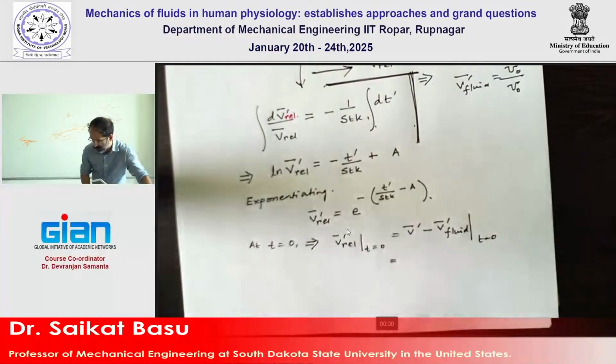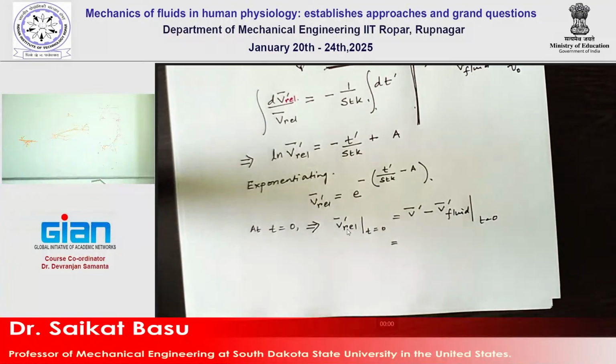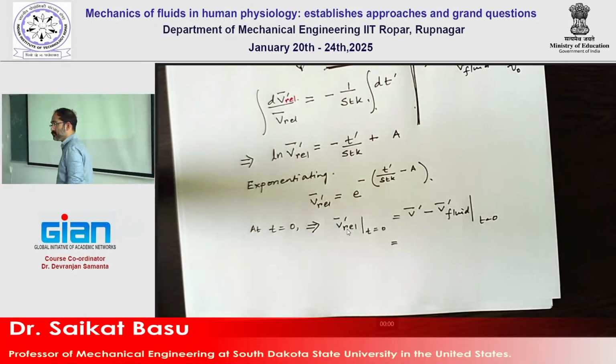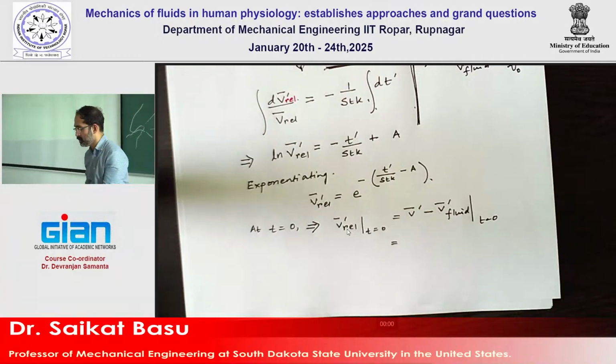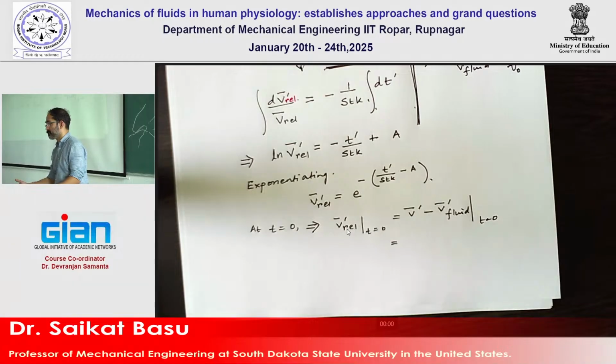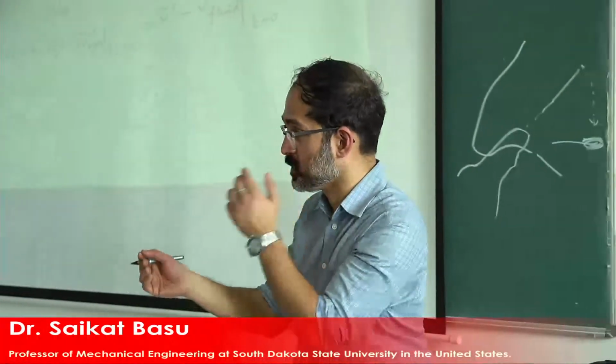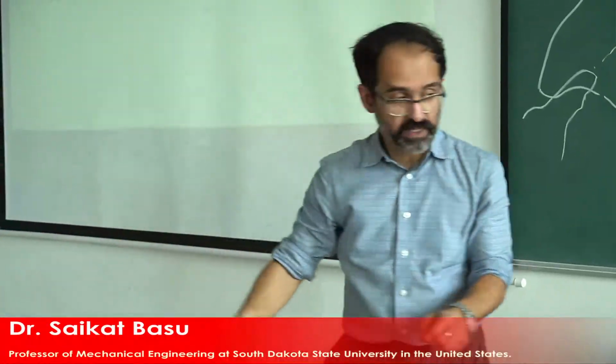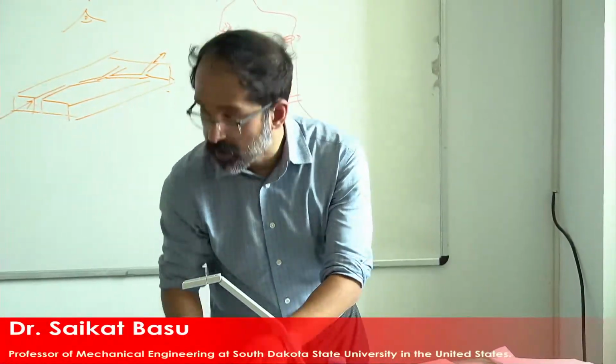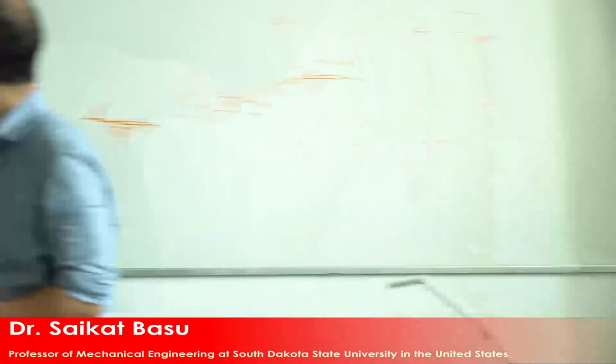Now what is v bar prime at t is equal to 0? If you think about the first scenario, you are embedding a particle in a fluid that is moving. The particle is at rest, and then it will gradually return to the fluid velocity. But it is 0 initially.